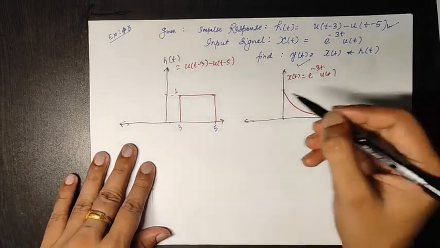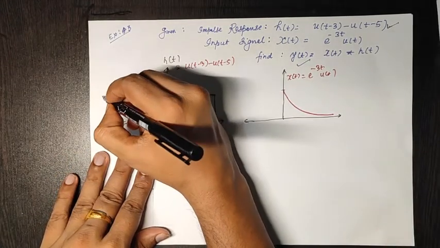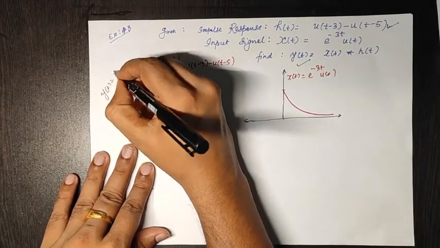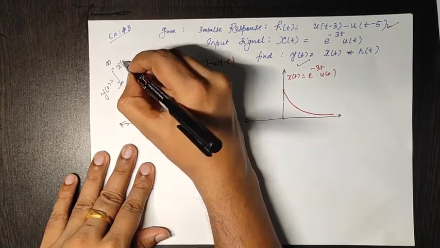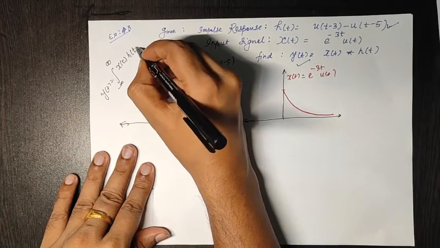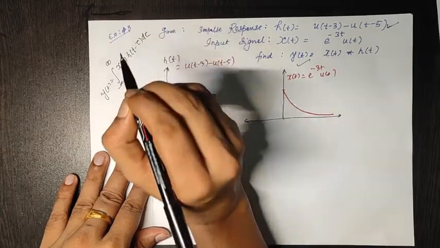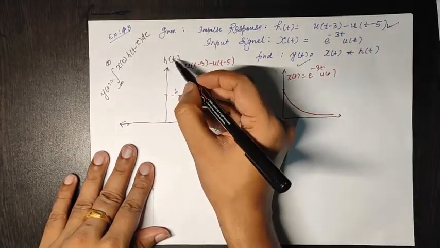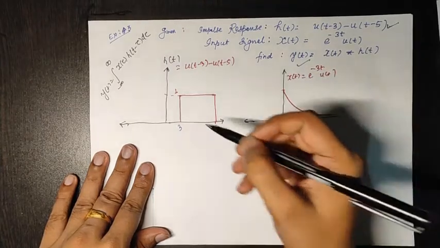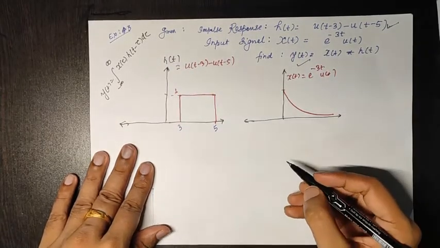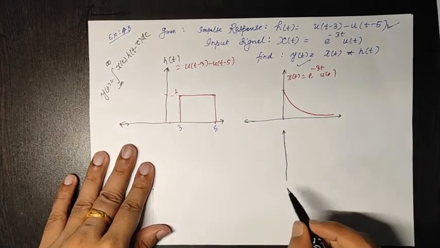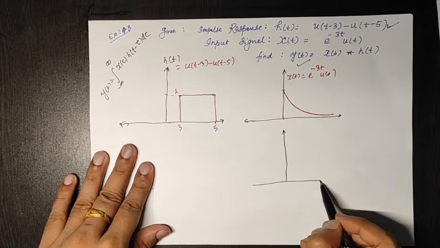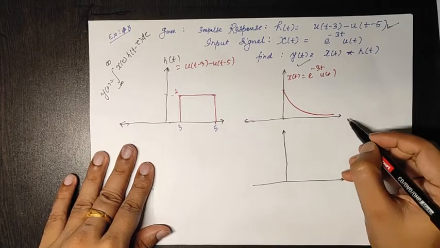So once again let us write the formula. y of t will be the integral from minus infinity to infinity of x of tau into h of t minus tau d tau. So convert x of t to x of tau and h of t to h of tau.